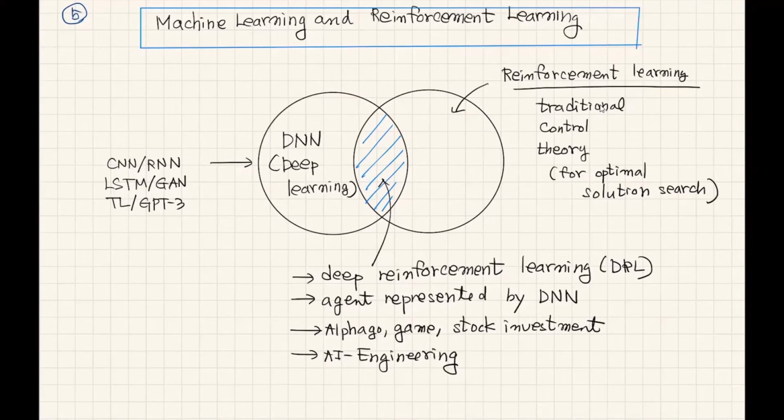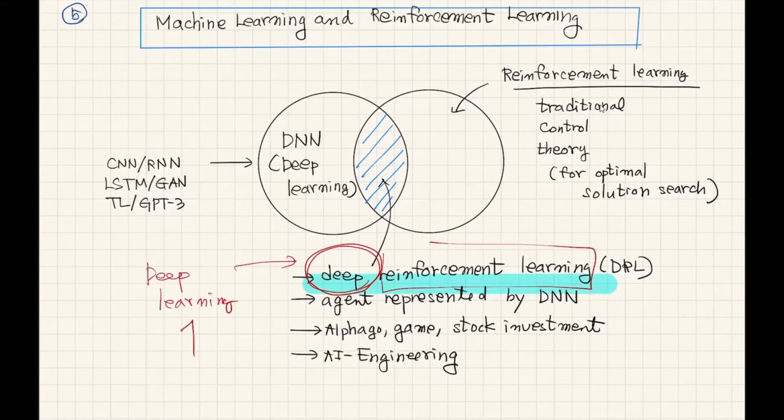Now, what is deep reinforcement learning? I have one more word here: deep. That means we're going to combine deep learning with reinforcement learning. And deep learning comes from machine learning.